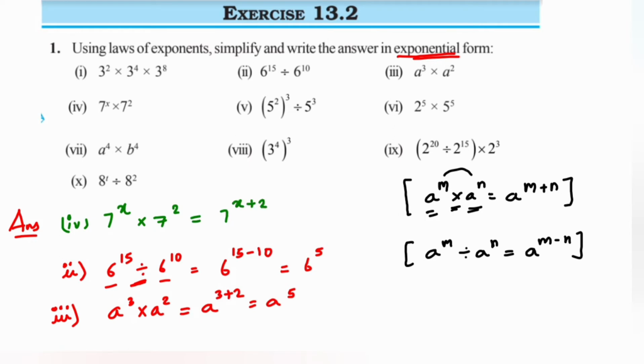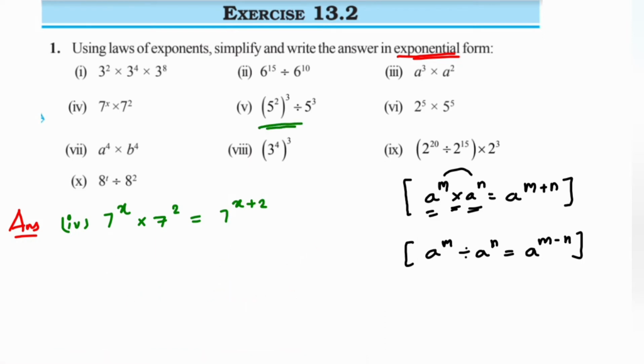That's it. Then the fifth question is a little different. We'll write down the fifth question first. We have 5 to the power 2 and then again to the power 3, divided by 5 to the power 3. If you observe, in the first number we have a power on power, so that is a new law we have to use.